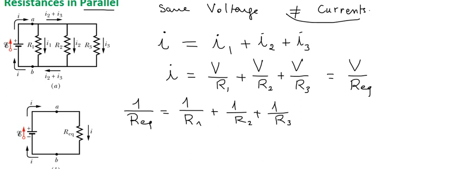So in general, 1 over R parallel is equal to the sum of the inverses of all resistors that are in parallel. That's the general formula.